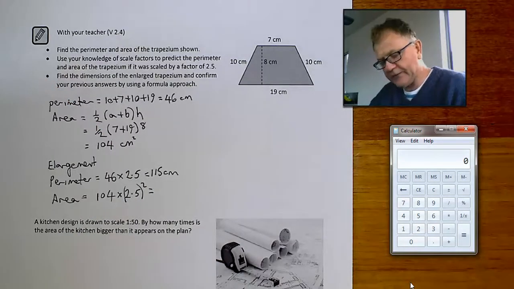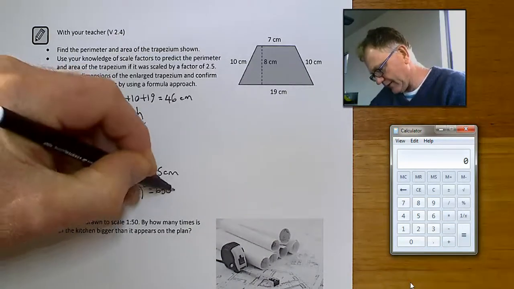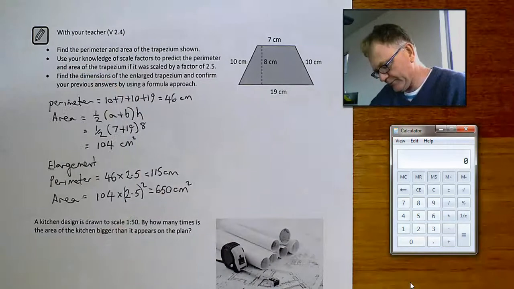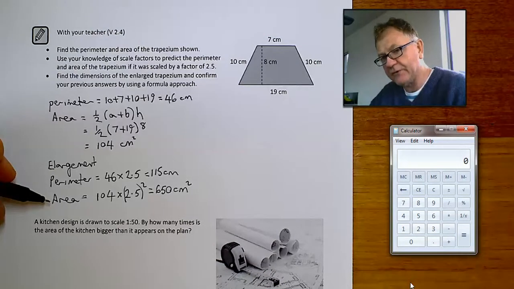So its final area works out to be 650 centimetres squared. The perimeter increases with the scale factor, but the area increases with the square of the scale factor.